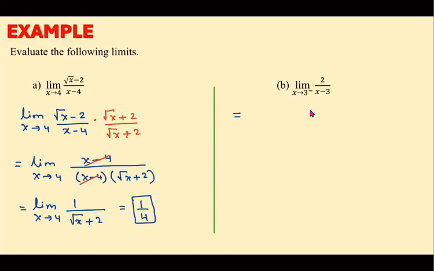See, when x approaches 3 from the left, the numerator does not change, it remains 2. But the denominator, see, x approaches 3 means this x is very, very close to 3. That means when this number is very close to 3, the difference is a very, very small number.